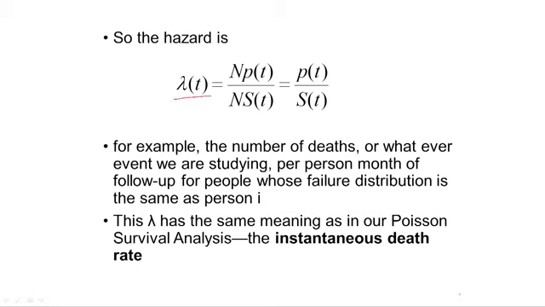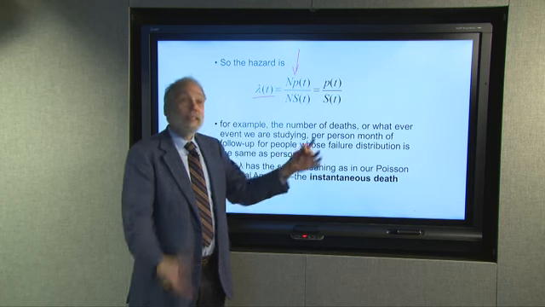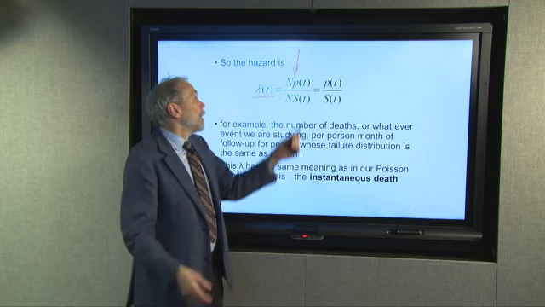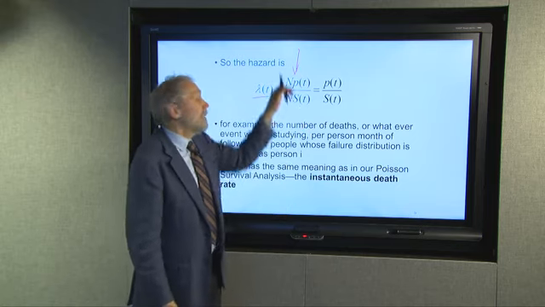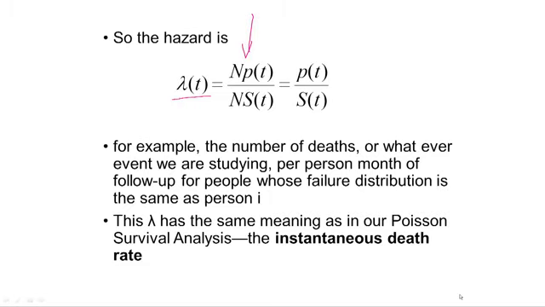So I can define my hazard rate as the number of people who died at time t, or in a little interval around time t, which is the number of people in the cohort times the probability of dying at that time, divided by the population at risk, which is the number of people in the cohort times the survivor function. And so the number of people in the cohort cancels out, right? And it's just the probability of dying at time t divided by the survivor function at time t.